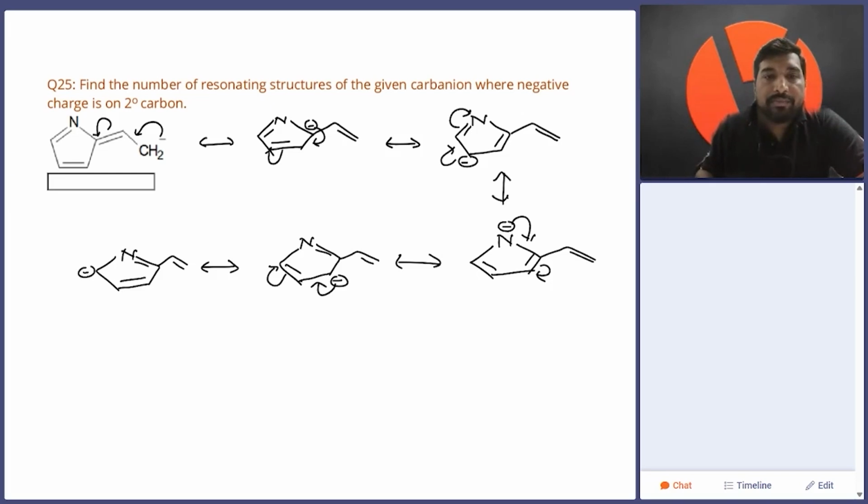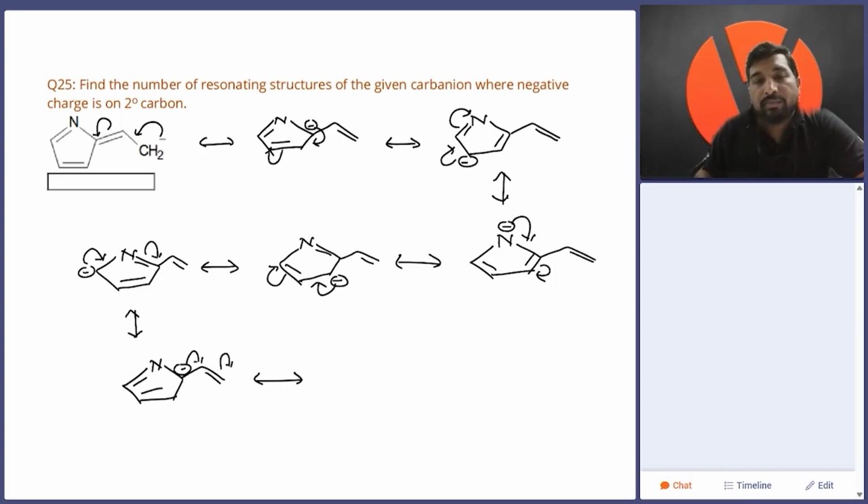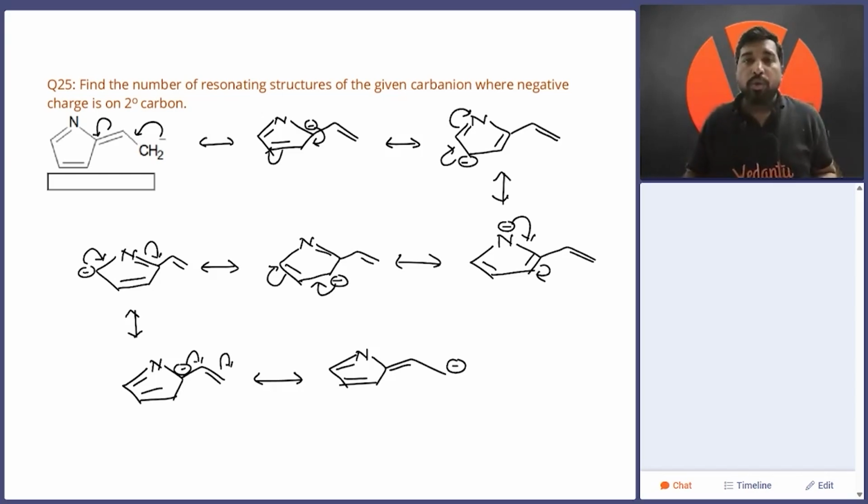Now next. Now next. Okay. So out of these, how many structures have the negative charge on a 2-degree carbon?